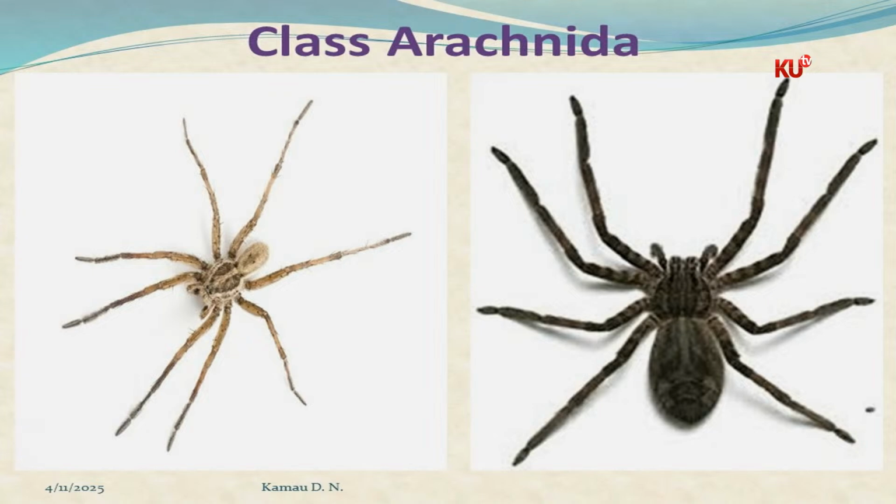This is something which you might have seen in your homes or in your environment. A spider, maybe a mite, or a scorpion. When we look at the diagram or a specimen of a spider or a tick or a scorpion, we will find the following characteristics.